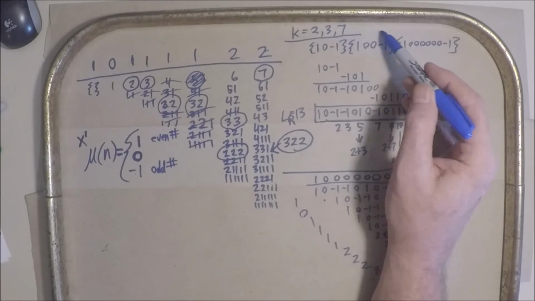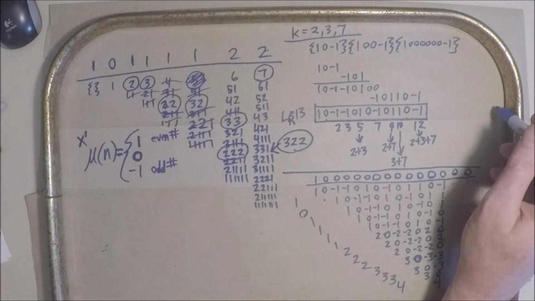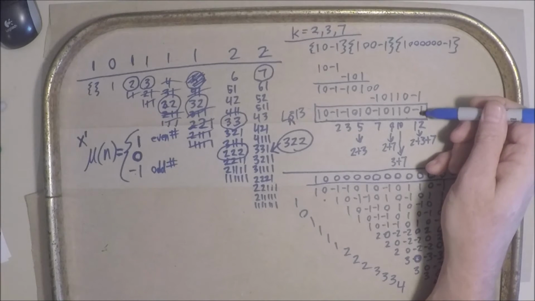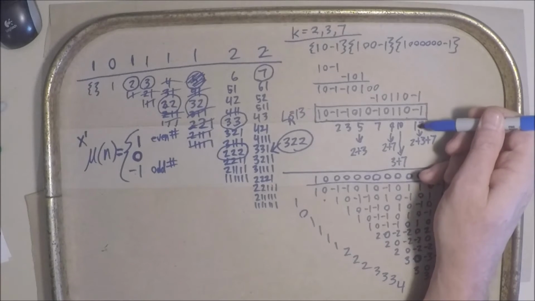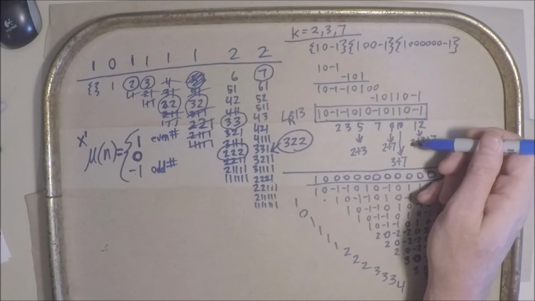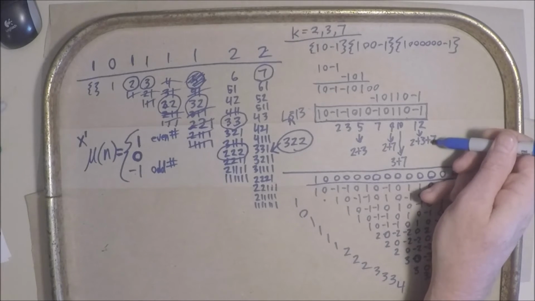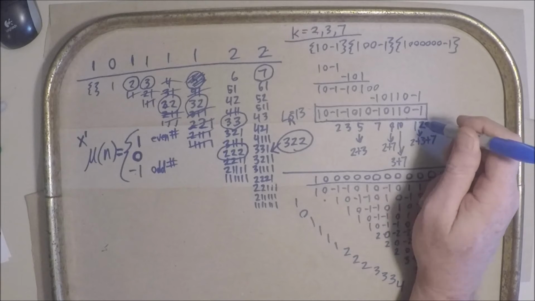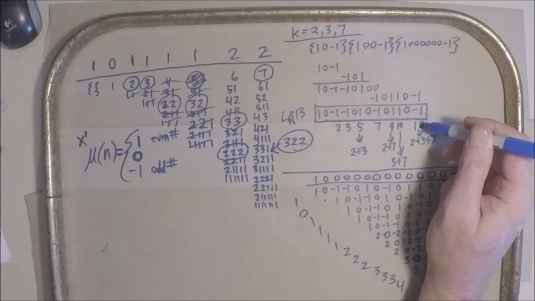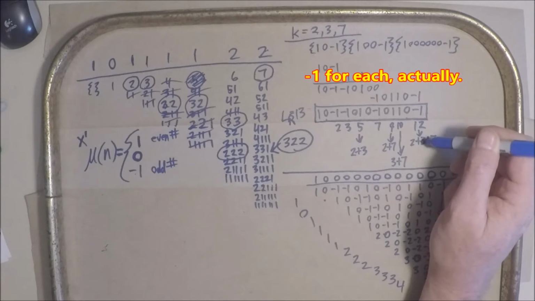If we were to add 12 to this mix, we'd get a longer thing here, and I'm guessing we'd get 0 here, because we would have the 12 representation, and we would have the 2 plus 3 plus 7 representation. Thus we would get a, no, actually we'd get a negative 2, wouldn't we? Because we'd have a negative 2 for this and a negative 2 for that.